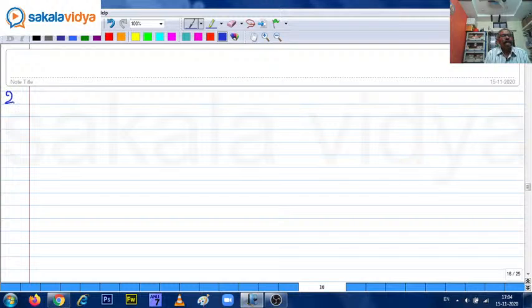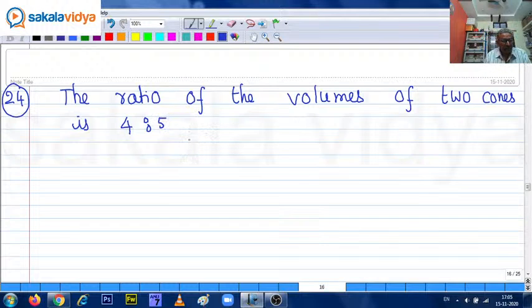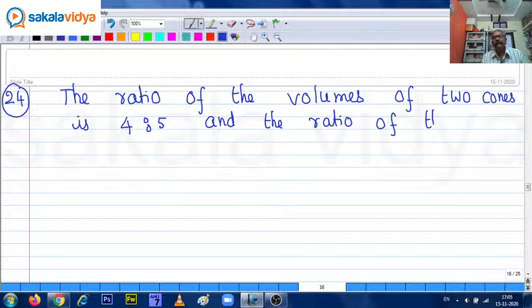So 24th problem. The ratio of the volumes of two cones is 4:5, and the ratio of their radii is 2:3.